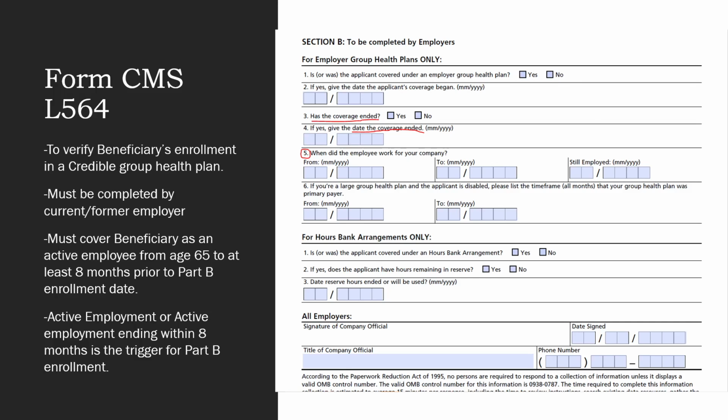They could submit this electronically, or most likely they'll be faxing it or mailing it. And keep in mind that every single company that this person worked for from the time they were 65 until the time they apply, if that company provided health insurance, they will have to fill out one of these so that there's no break in coverage.